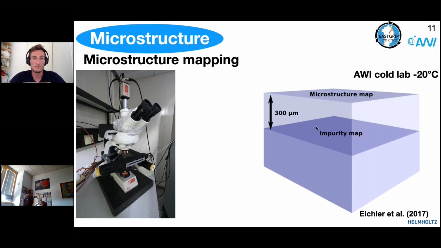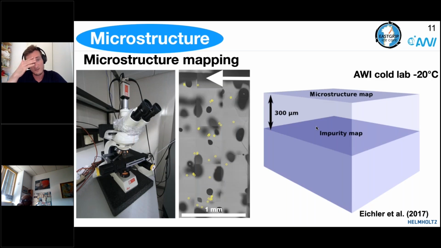So you polish a surface of a sample, and you map the surface of the sample, and then you focus into the sample 500 micrometers below the surface and take another mapping here. And then you can go into this map and look for solid inclusions or micro inclusions. This is what I indicated here with those yellow dots.